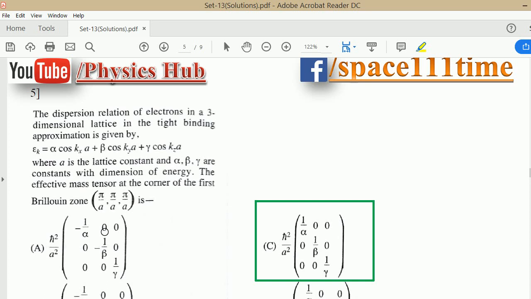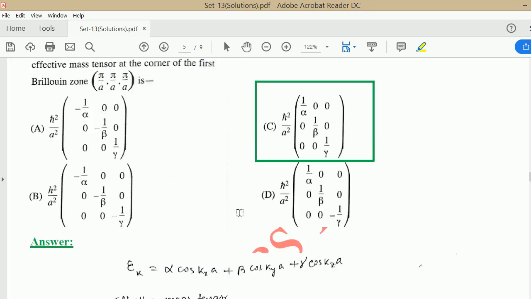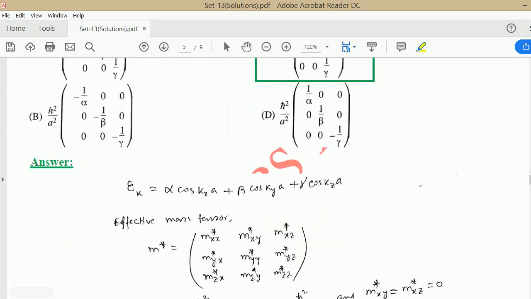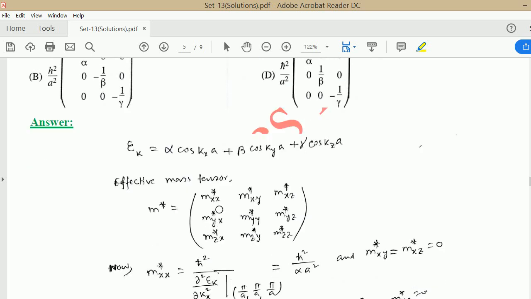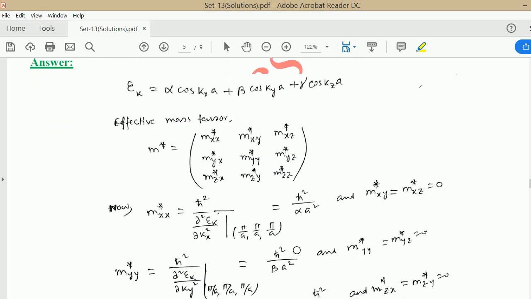So to find out the effective mass tensor, we have to know what that is. So the effective mass tensor is like this. These are the components m_xx star, m_xy star, and similarly those other terms. Now m_xx star means h bar square by d square E by dkx square, and the values are to be calculated at pi by a, pi by a, pi by a.